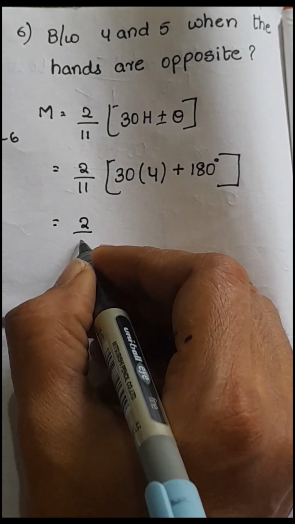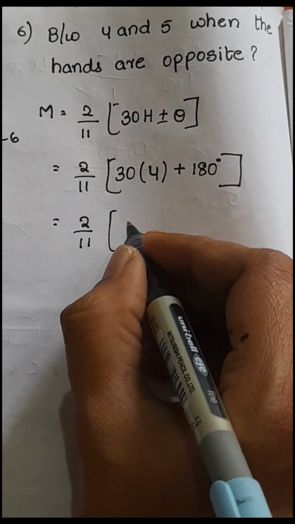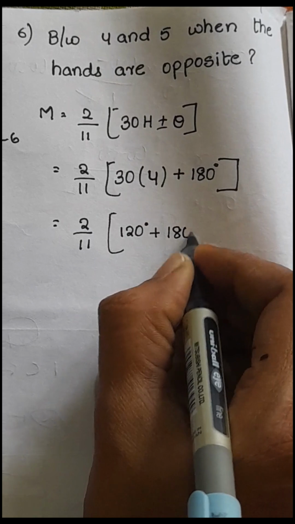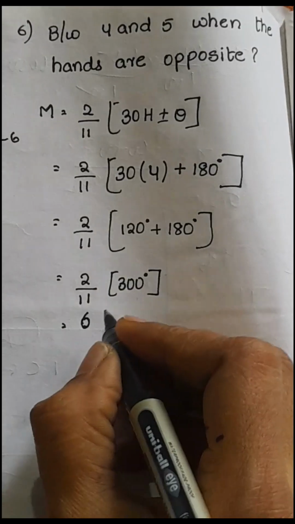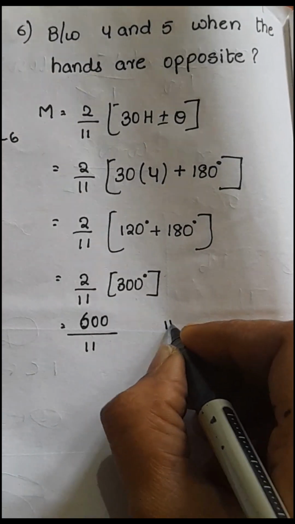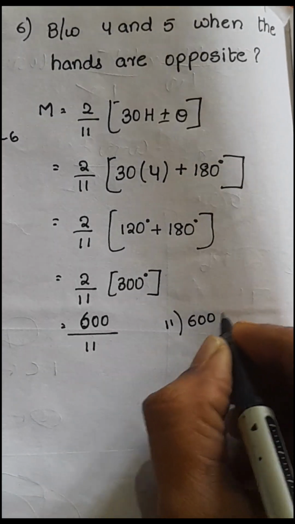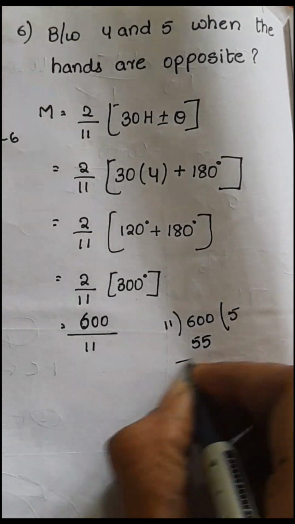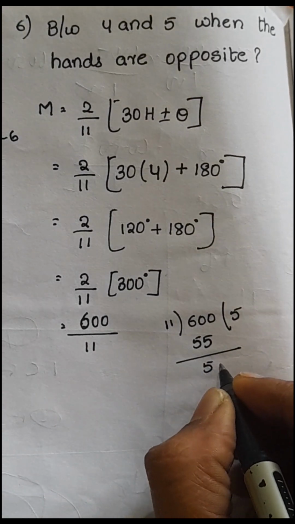On solving, into 300 by 11 is 600 by 11. On division, we get 55, and we get 5 as remainder.